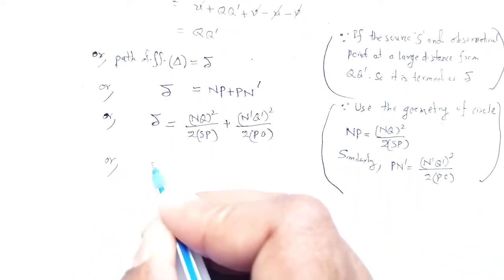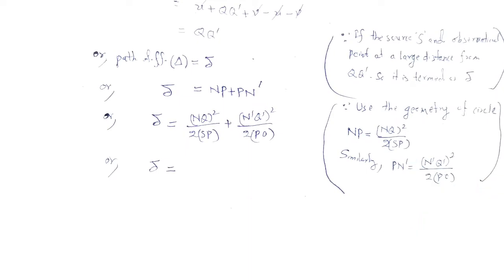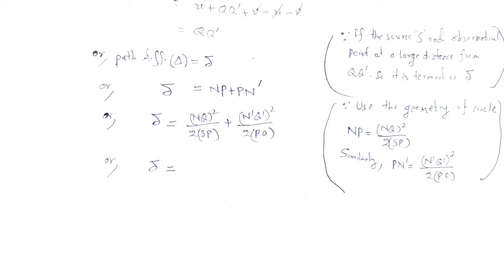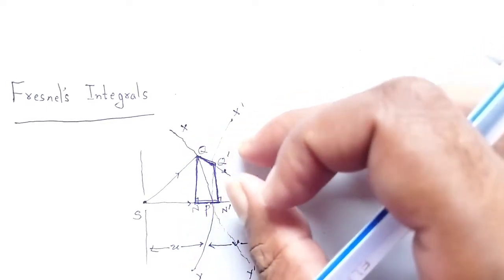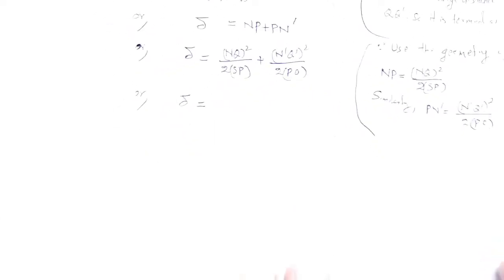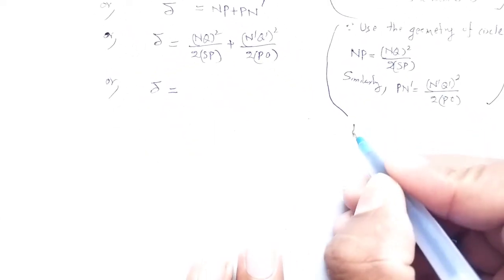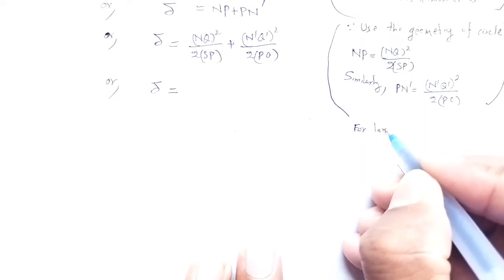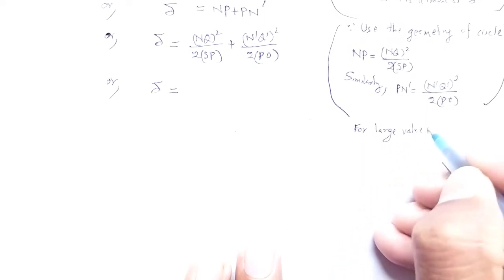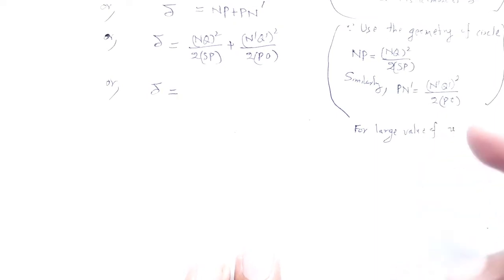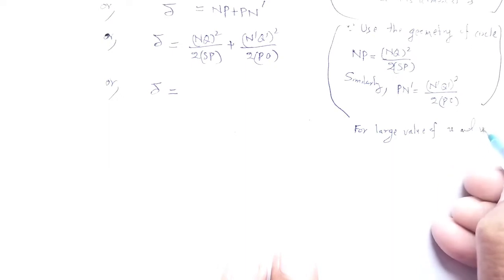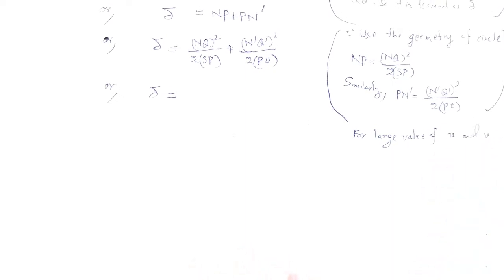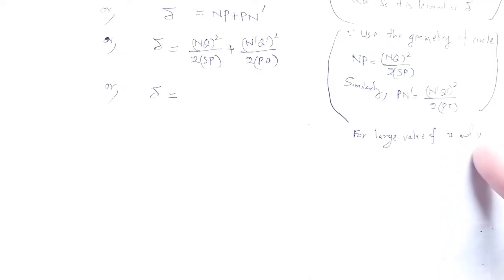Let us say NQ and N dash Q dash are y, for large values of u, the distance from the pole of the wavefront to the source, and v, the distance from the point of observation to the pole of the wavefront.